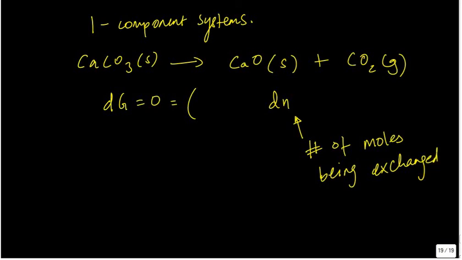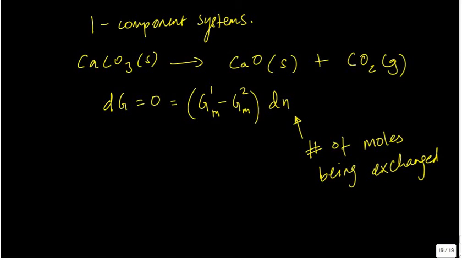Now, if I think about the change in the Gibbs free energy, let me define something called the molar Gibbs free energy, that is Gibbs free energy per mole. Say that some of it is coming from the liquid to the vapor phase. So the change would be the molar Gibbs free energy of phase 1 minus the molar Gibbs free energy of phase 2 times the number of moles, right?